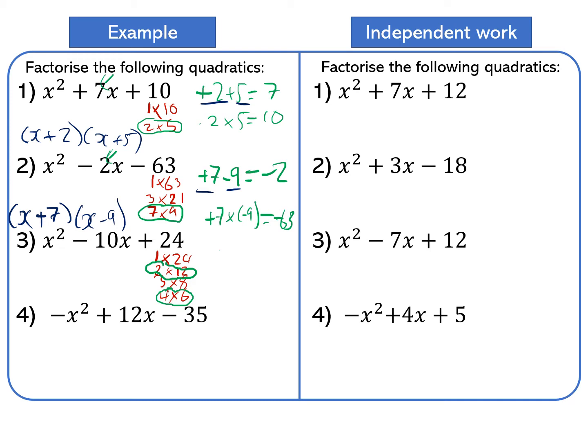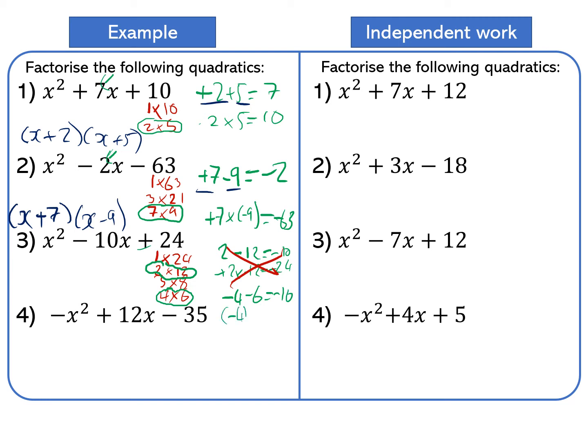So this is where the check comes important. So how could I get to minus 10? Well, I could do 2 take away 12, which is minus 10, plus 2 times minus 12 is minus 24. But we had plus 24. So that pair is wrong. Now let's look at 4 and 6. So we've got minus 4 take away 6 is minus 10.